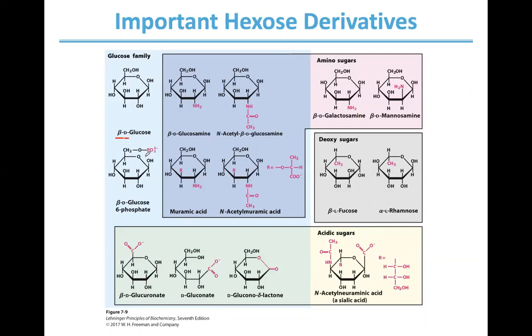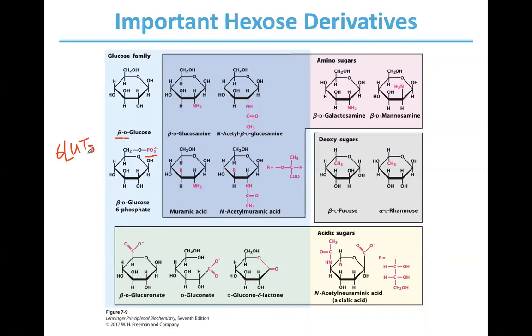And also, there's a second function for phosphorylation. So let's say glucose goes in and out of the cell, right? So there are glucose transporters. They're called GLUTs. Very important family of molecules which allow glucose to go back in and out of the cell.